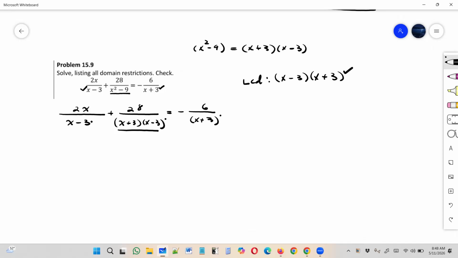Once we found the LCD, you must multiply every term, the first one, the second one, and the third one, by the LCD. So I'm going to write it here. Again, it's going to be a little bit long, but this is for you to see how this is done.